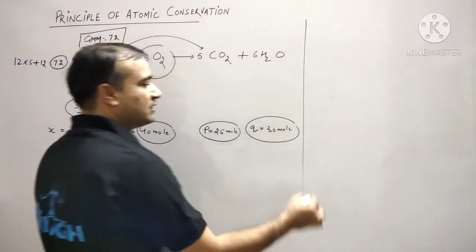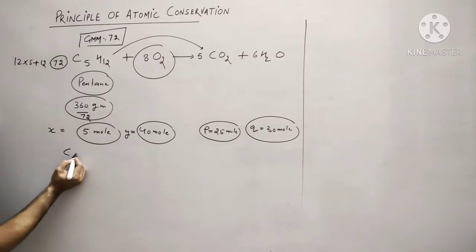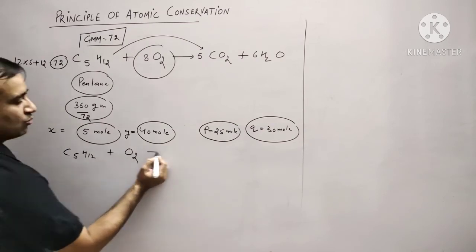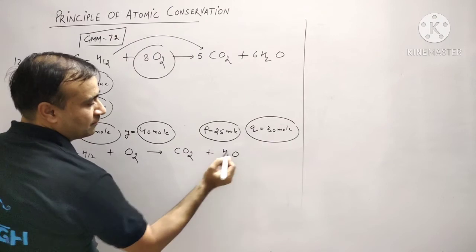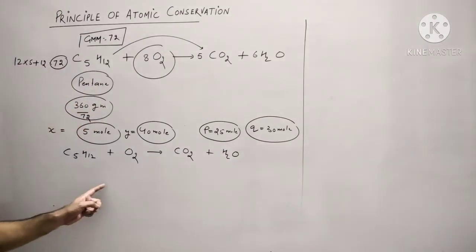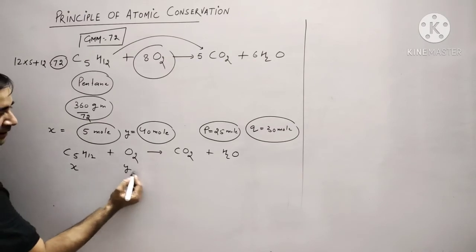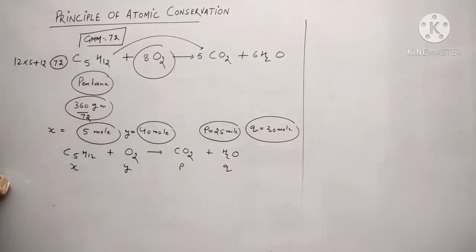But if I solve the same problem by using POAC, C5H12 plus O2 gives CO2 plus water. You can see I am not balancing this equation. Now, X, Y, P and Q. POAC for carbon.